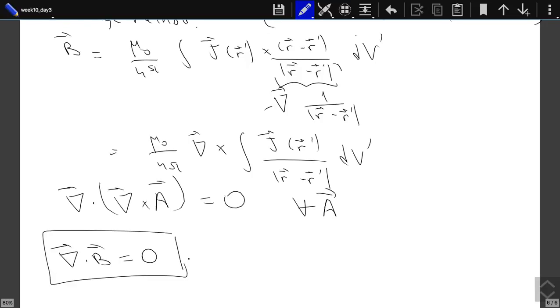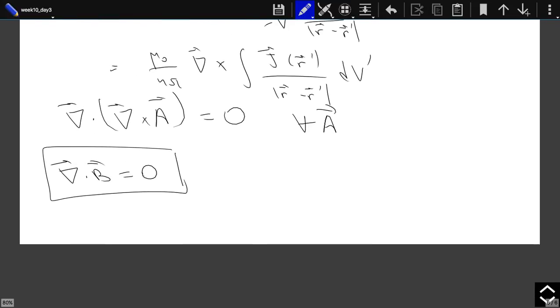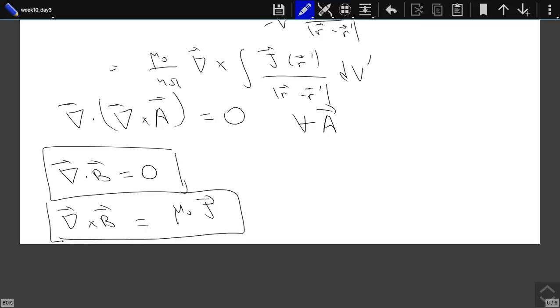Always. So now this is our second equation. We already had calculated the curl of B, which was equal to mu 0 j. Now we know the divergence of B, which is 0.